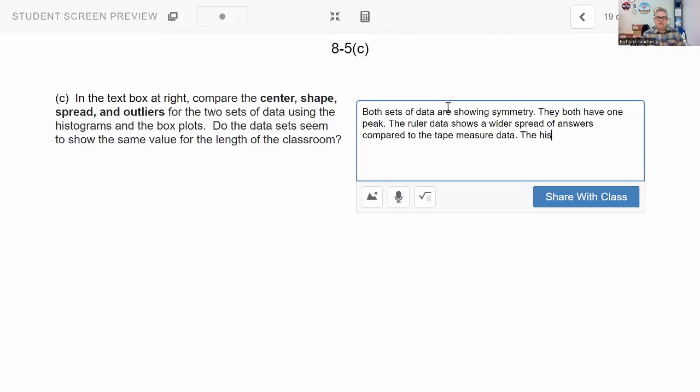The histograms do not show any outliers, period.